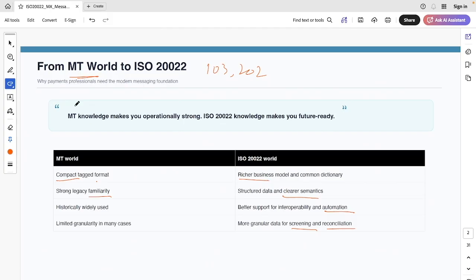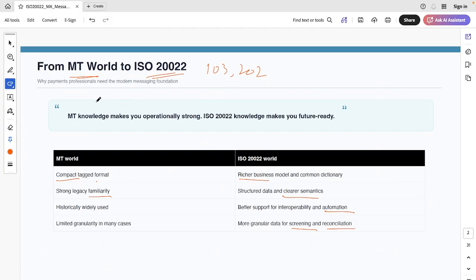So that is MT. ISO 20022 gives us a richer and more structured model. It allows clear meaning for debtor, creditor, agents, amount, remittance, purpose, and many other payment elements. So this helps systems process data more intelligently instead of depending heavily on free text interpretation.